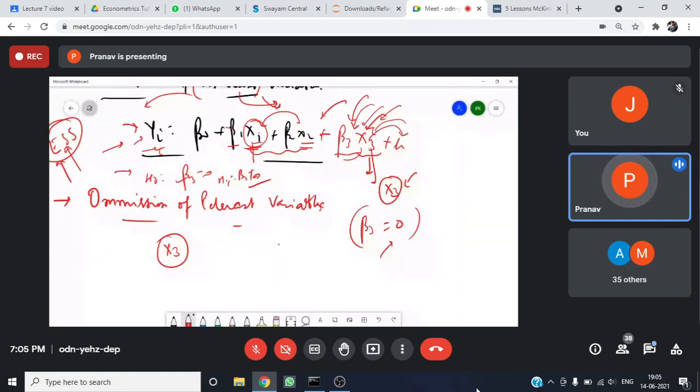In that case, there's a problem associated with errors being correlated with the regressors, because it was a relevant variable which should have been included in the model. But if x3 is irrelevant, meaning you have already counted x1 and x2 in your model, then x3 need not be explicitly included.